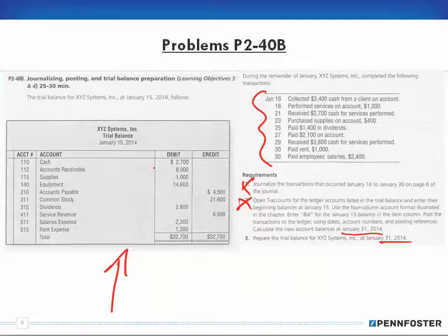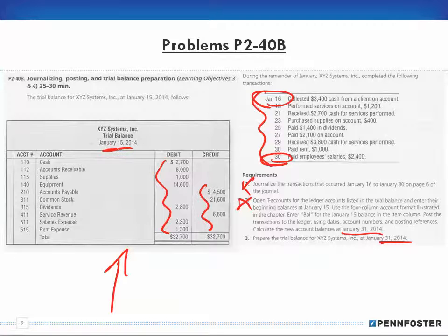The only difference will be that we have different amounts, all right? Because obviously these were the balances as of January 15th, and we've posted entries from January 16th through the 30th. So now we're going to create a trial balance at January 31st.